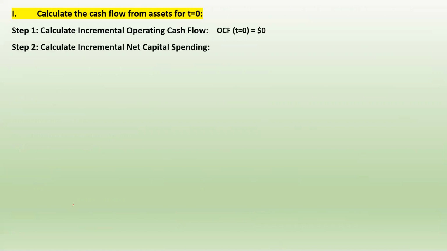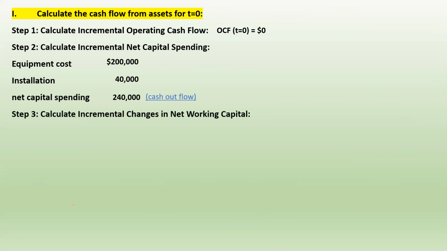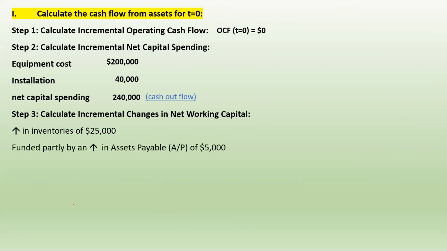First, the incremental operating cash flow is 0. Incremental net capital spending: the equipment cost is 200,000. Installation fee is 40,000. So the total capital spending is 240,000. That's the cash outflow. The incremental change in net working capital: inventory increased by 25,000, partly financed by accounts payable.